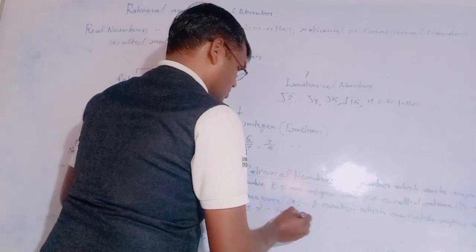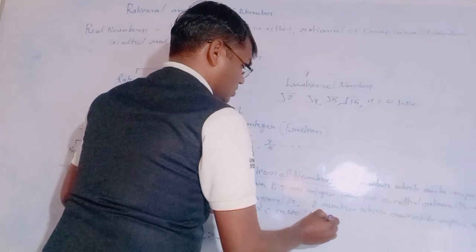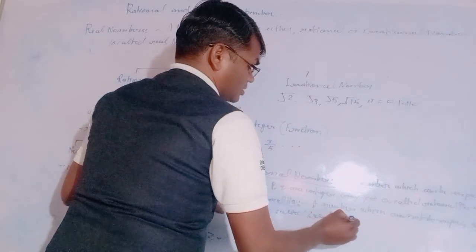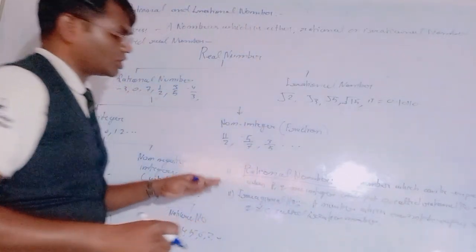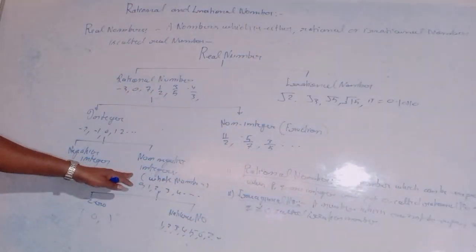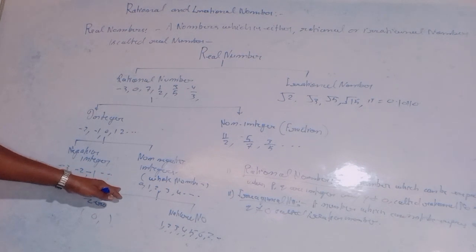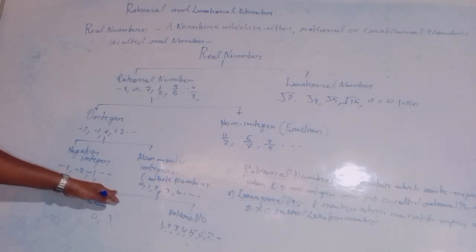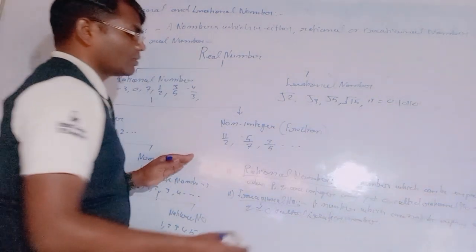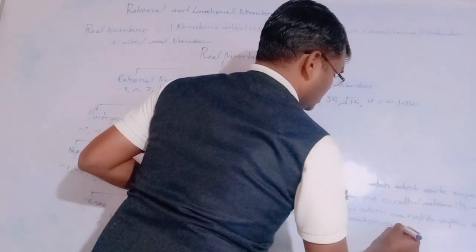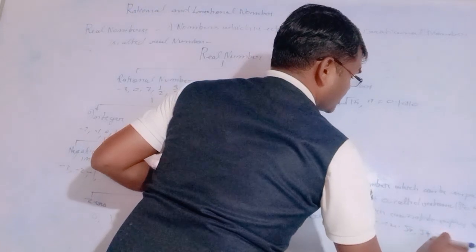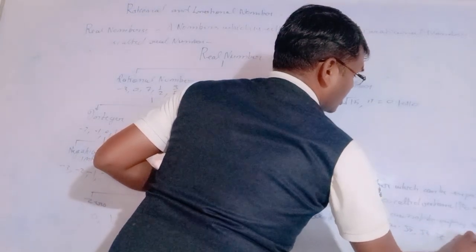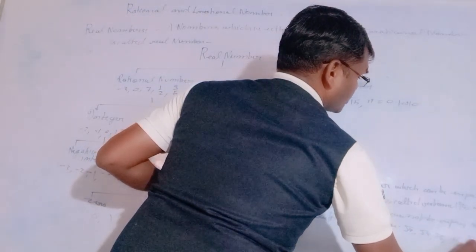Examples: under root 2, under root 3, under root 5, under root 2 by under root 5.